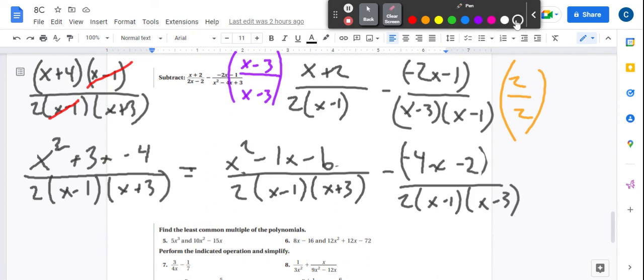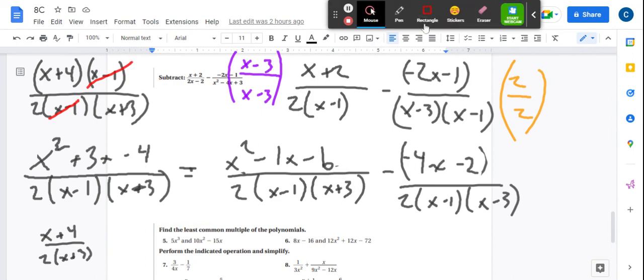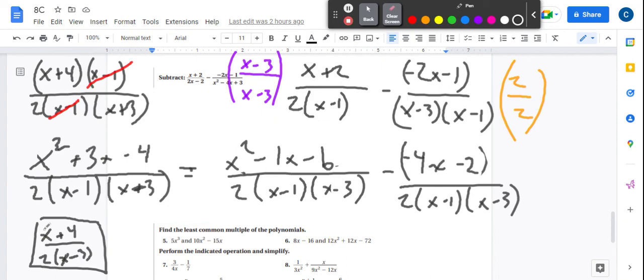So we end up with a final answer of x plus 4 on top, all over 2 times x minus 3 on the bottom. And there we go.